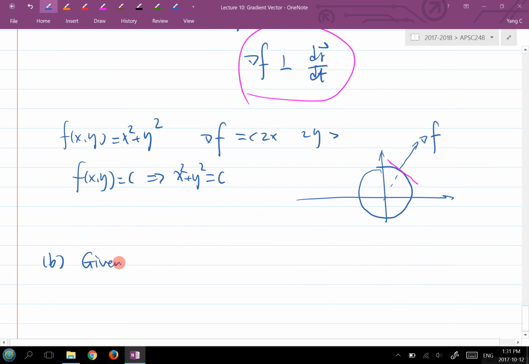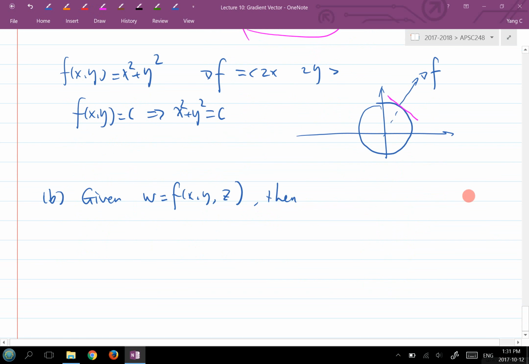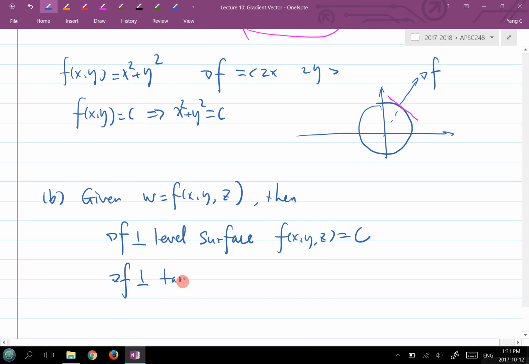Now, if I give you a function of three variables, w = f(x, y, z), then we can have a very similar conclusion as in part A. Del f is perpendicular to the level surface f(x, y, z) = c, or we can say that del f is perpendicular to the tangent planes of the level surface.